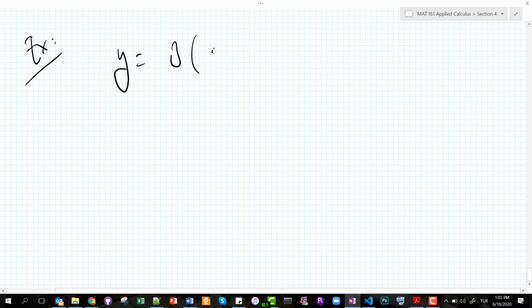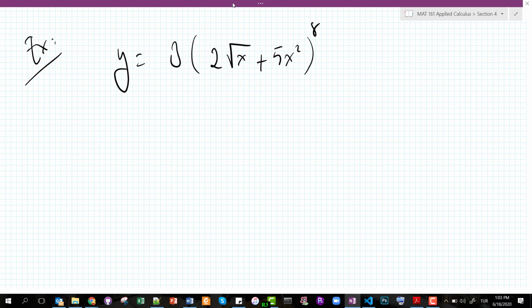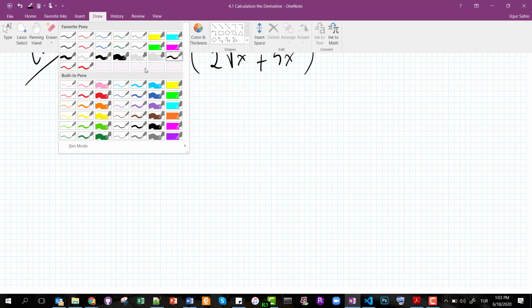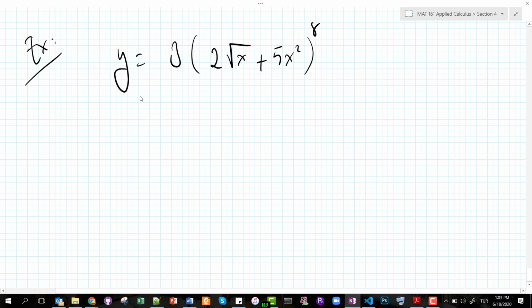3 times 2 square root x plus 5x squared, to the 8. When you look at this function, first of all, you need to notice who is outside. So the power is always going to be the outside function. As you see, this is my outside function, and this is my inside function.